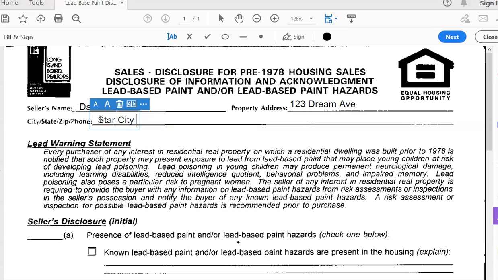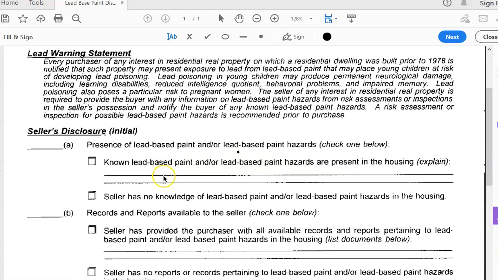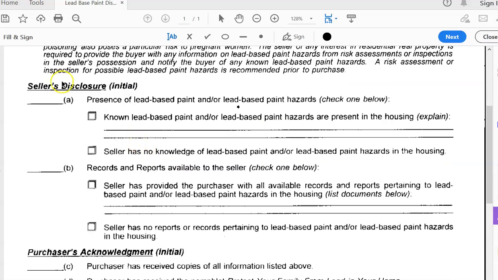Excuse the typing, I'm not the fastest here. After you fill out the information, you have to explain to the seller that they have to be truthful and honest.